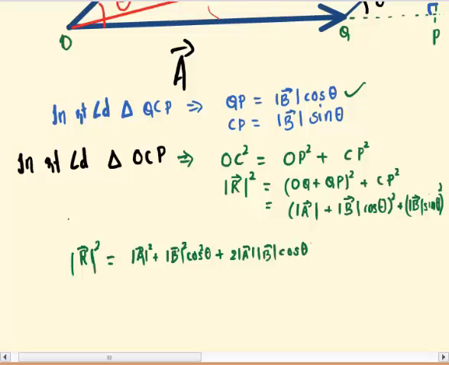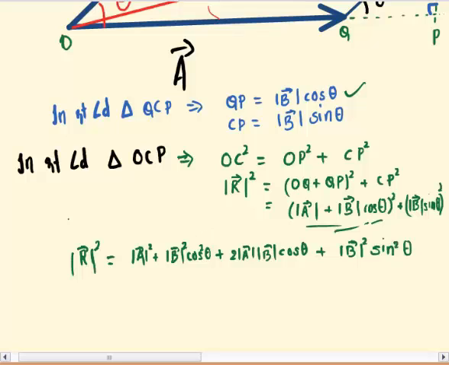That is for this term, mod of A plus B cos theta. Then there is also mod of B sin theta whole square, so it will become modulus of B square and then sin square theta.